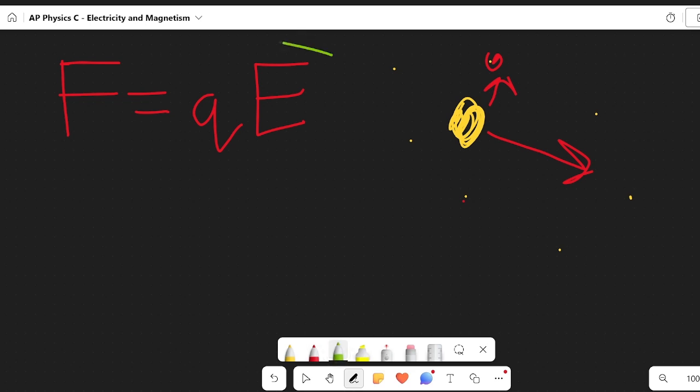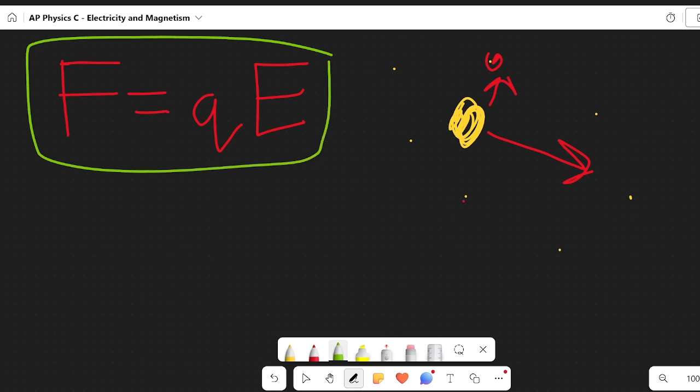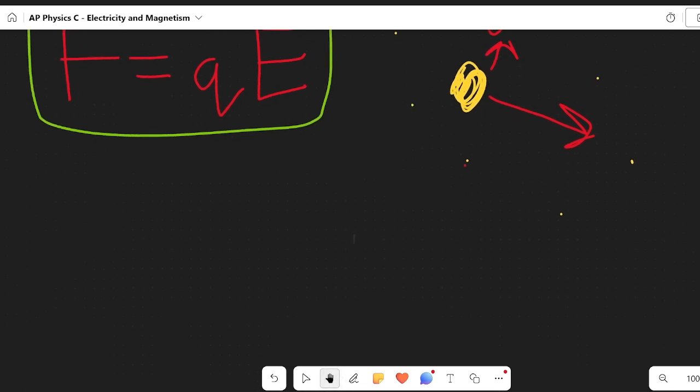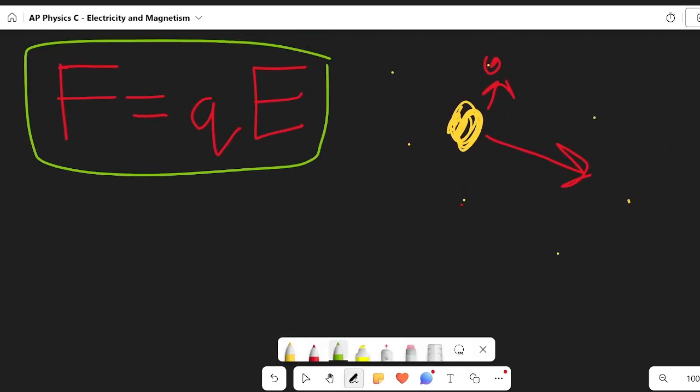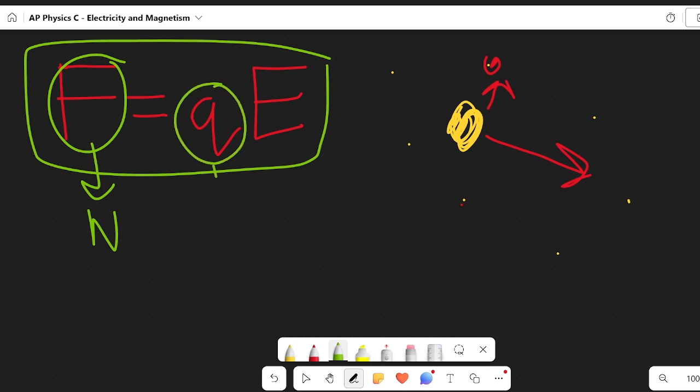So essentially, we'll be using this equation, F equals QE. This is like a golden equation right here. Box it and memorize it. This is a very crucial equation, right? And as you notice here, let's do more Newton analysis because it's important.